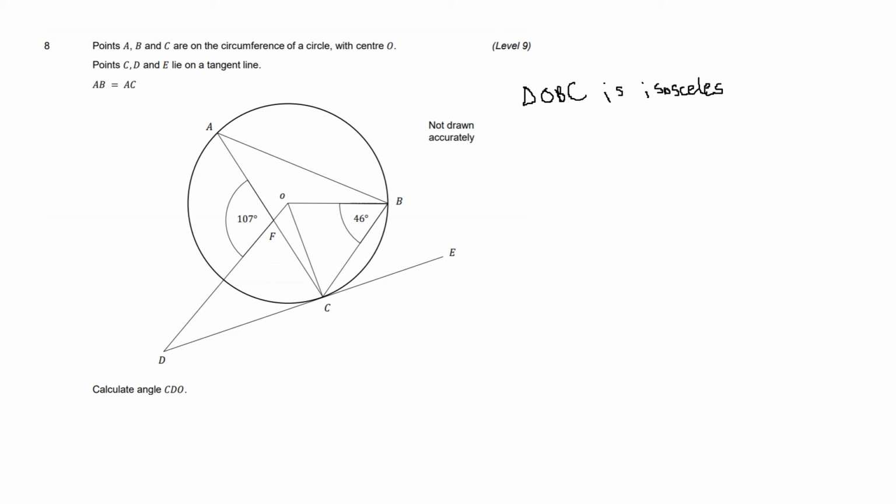So that means that angle OCB, so here, will also be 46 degrees. And that is because base angles of an isosceles triangle are equal.